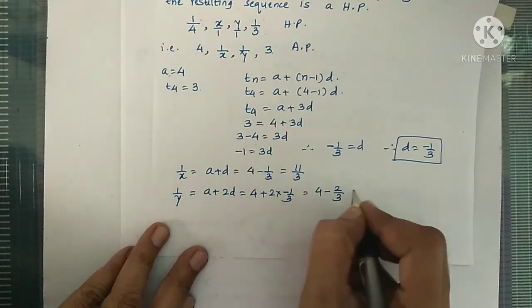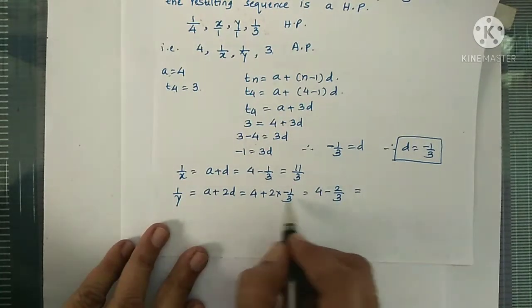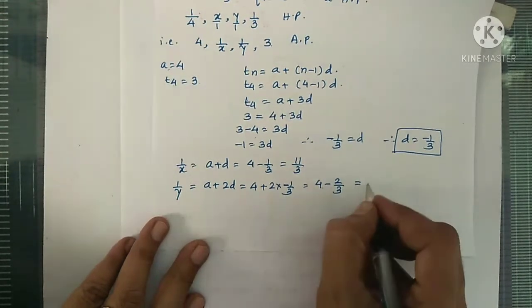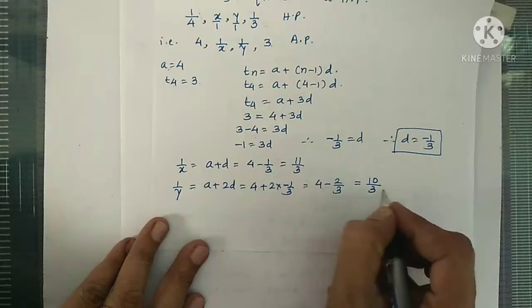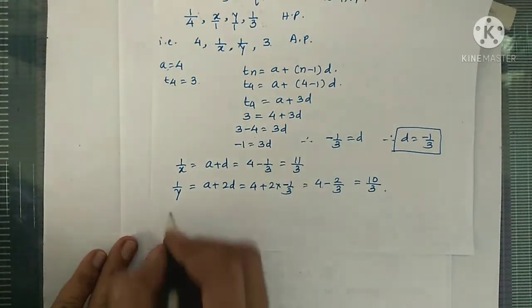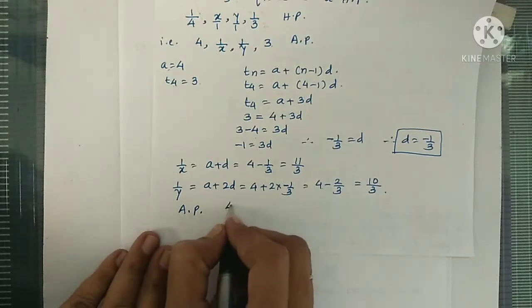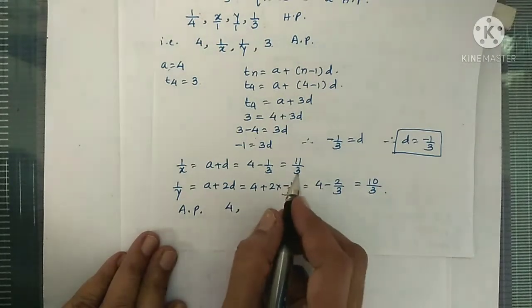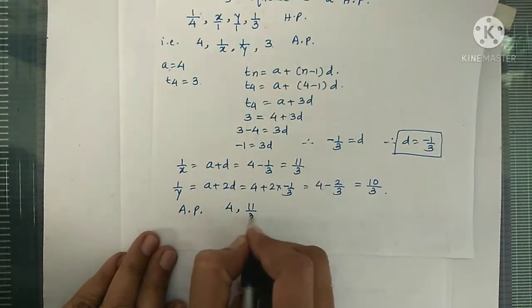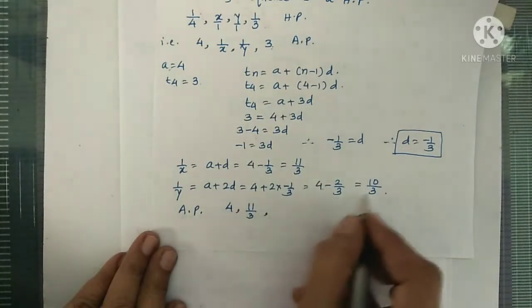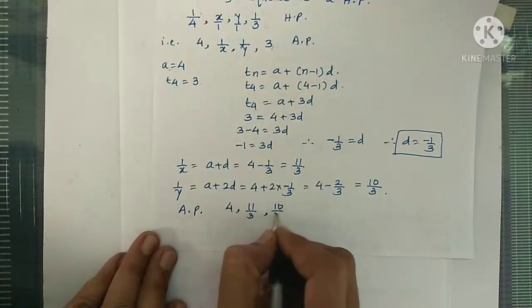So 4 minus 2 by 3. 4 into 3 is 12, 12 minus 2 is 10 by 3. So the sequence in AP is 4, then the next one is 11 by 3, which is 1 by x, we are substituting the value here. Next one is 1 upon y, which is 10 by 3.